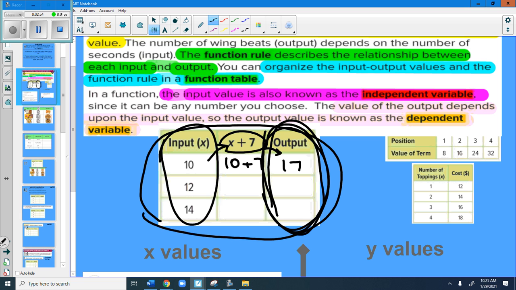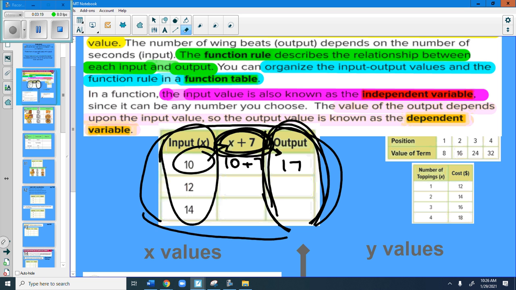What I just told you about this, what makes the output the dependent variable? What does it depend on? Good, it depends on the rule and also what else? Yeah, the input. Very good job. It's important that you know this is the independent variable or the input, the rule, and then the output depends on those things. So it is dependent.